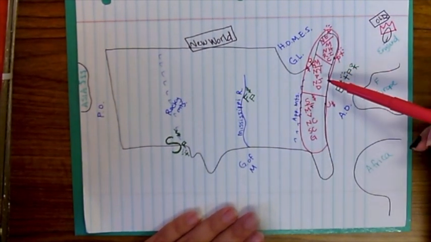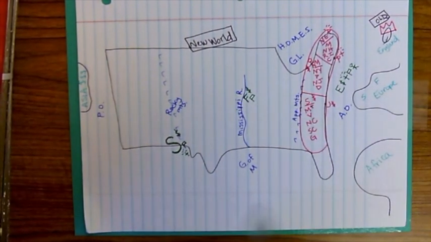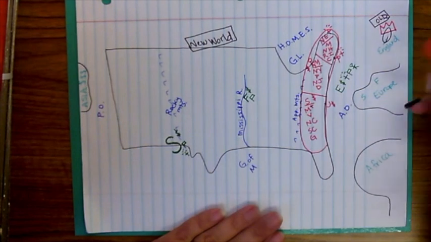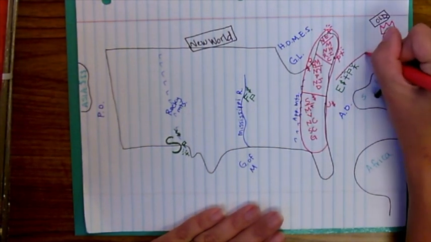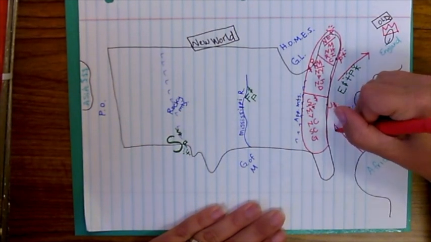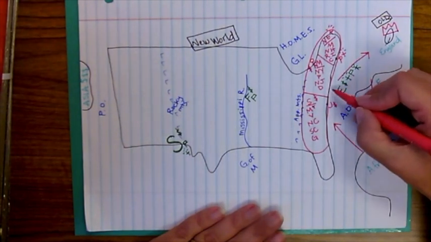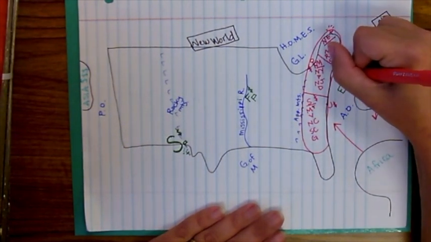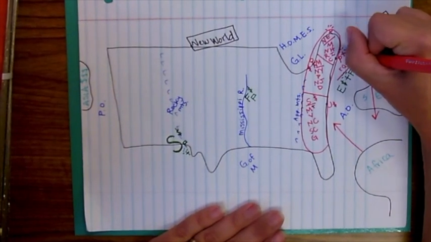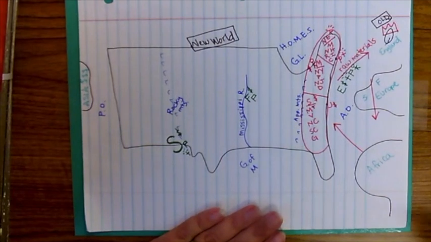All right, so here we go. We have New England, we have Middle, we have Southern. These colonies are doing pretty good. They're prospering. They are making lots and lots of money. And the reason they are making money is because they are participating in the triangular trade. In our triangular trade, coming out of the Americas going to England are going to be things like raw materials, natural resources, cash crops.